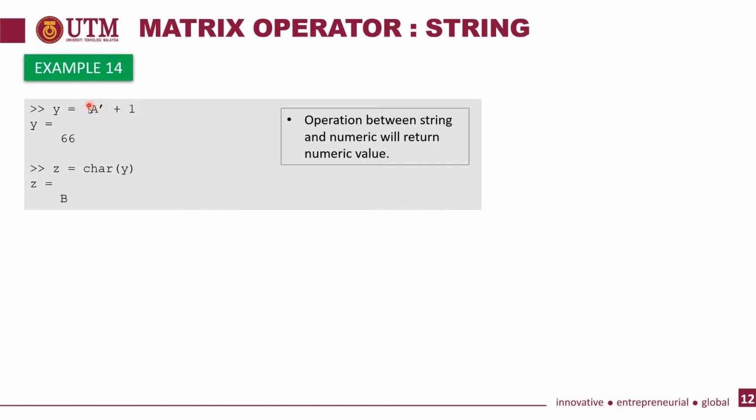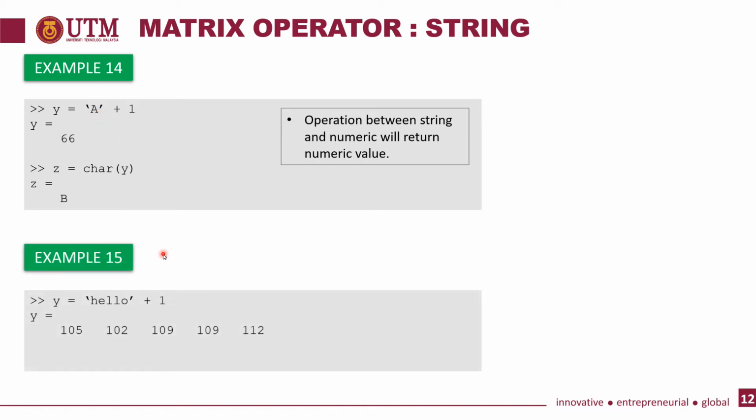If you don't put any apostrophe, it will not be recognized as a string, but as a variable. So you need to put apostrophes in order to initialize it as a string, as a character. In the second example, if y equals 'hello', h has been initialized as number 104, e as number 101, l as number 108, l also as number 108, and o as number 111.